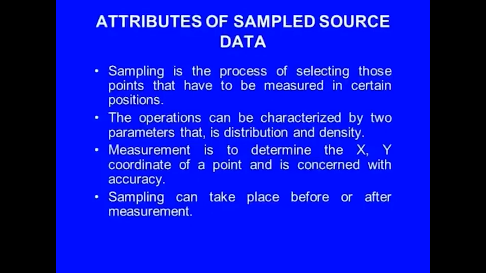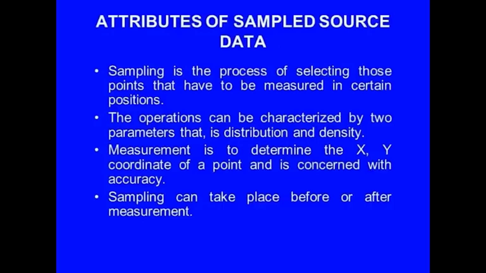Now, let us look at the attributes of sampled source data. Sampling is the process of selecting those points that have to be measured in certain positions. The operations can be characterized by two parameters, that is, its distribution and density. Measurement is to determine the x and y coordinate of a point and is concerned with accuracy.